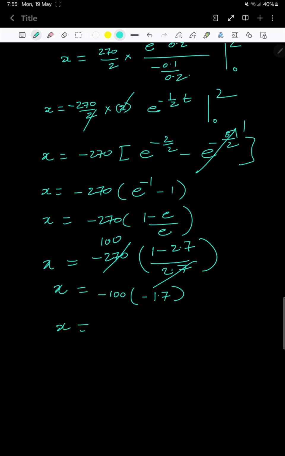So x is equal to minus of minus 1.7 into 100, which will be 170 meters in SI unit. Okay children.